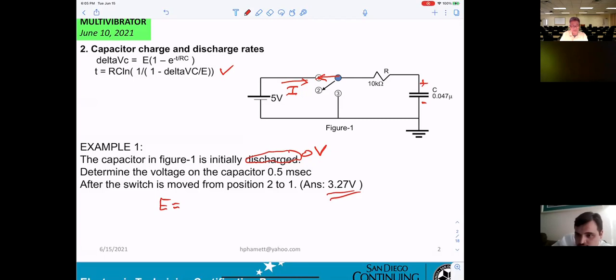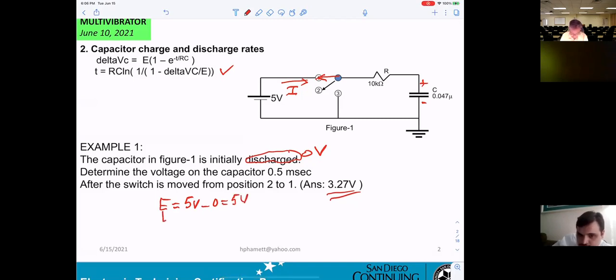E means the difference between the initial voltage on the capacitor and the voltage the capacitor tries to reach, which is 5 volts. Initial is 0, so that's why you get 5 volts.